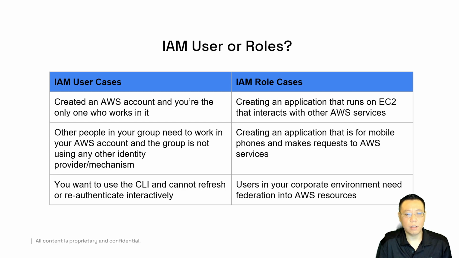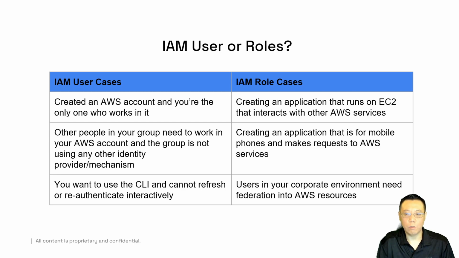Or if you want to use the CLI and you cannot refresh or re-authenticate interactively. So if you have an Internet of Things device and you don't have any other mechanism to automatically refresh its tokens, but you should, and you perhaps need to require MFA, multi-factor authentication, and a human cannot provide that extra token, maybe you need to use an IAM user instead. Again, IAM users mean long-term credentials, though, could be dangerous, not exactly best practice if you don't require it.